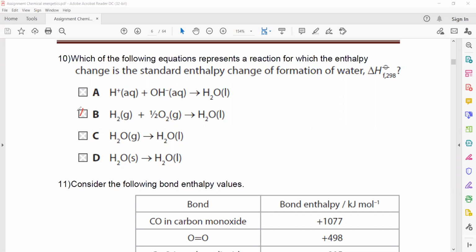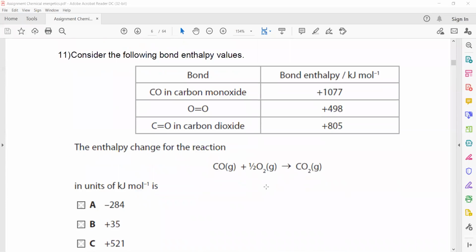Yeah, B: elements are here, ions are forming compound. Here this is water, gas and vapor. That's not there because the definition is elements form 1 mole of a compound. We call that enthalpy change of formation.